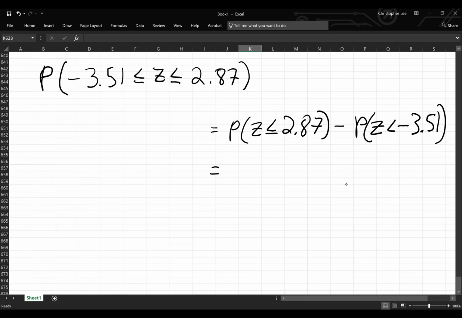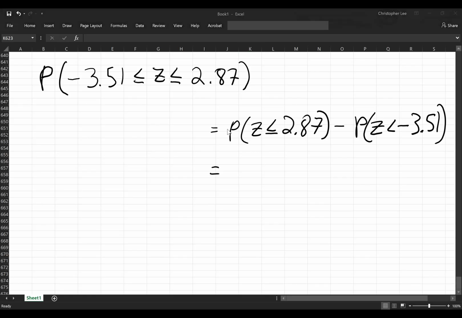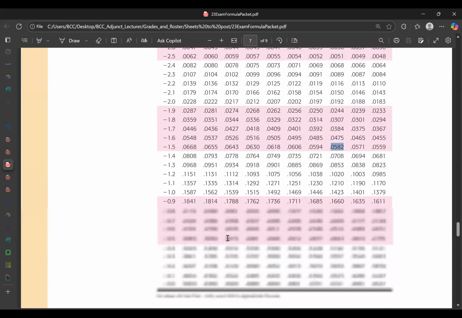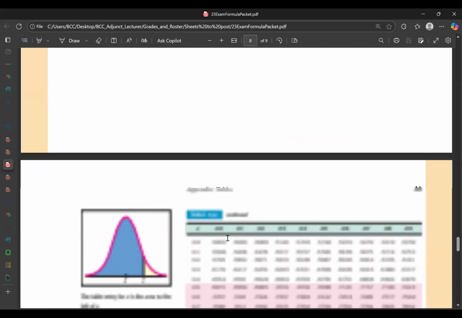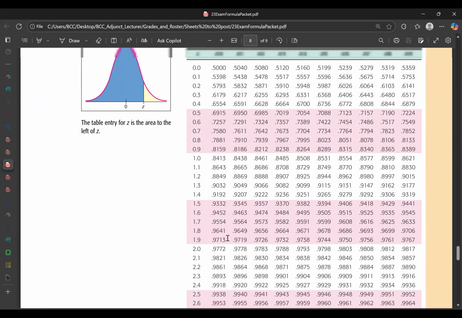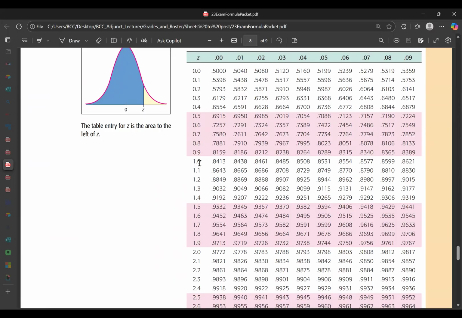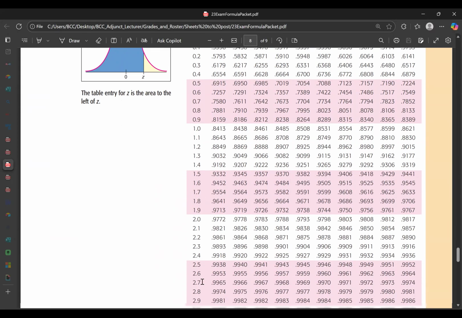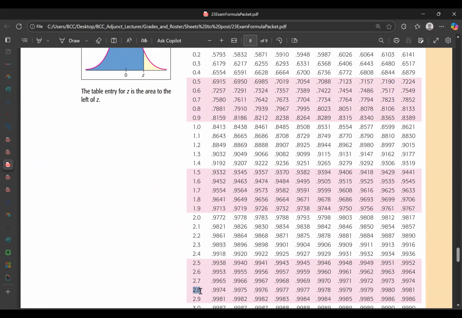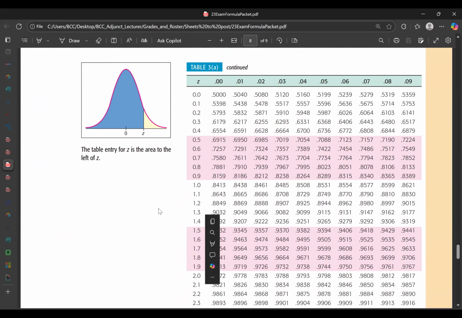Okay, let's take a look at this. So 2.87, right? For 2.87, I'm going to come over to my normal distribution table. I'm going to scroll down to 2.8. Here goes my z right here. I'm going down to where 2.8 is. Here it is, 2.8. And then I want to match that with the 7, right? So we can find the 7 at the top.